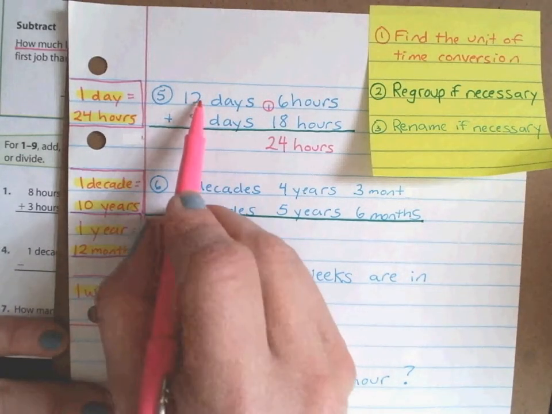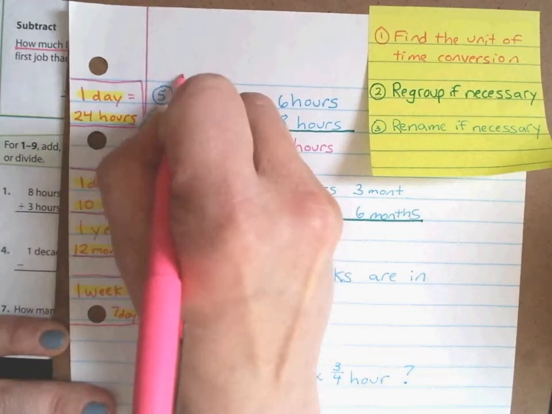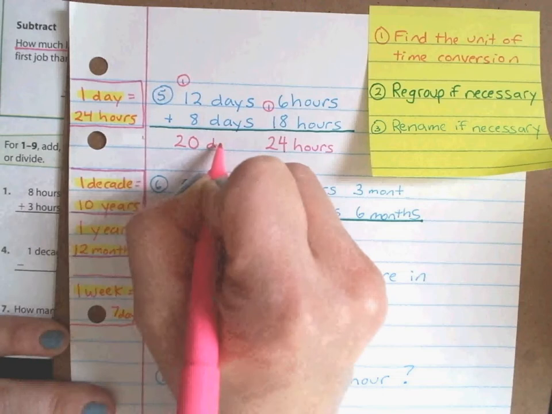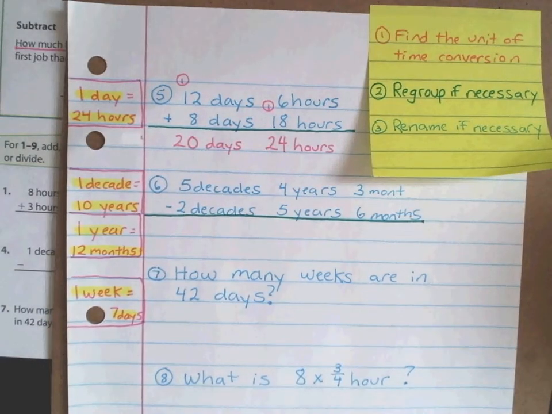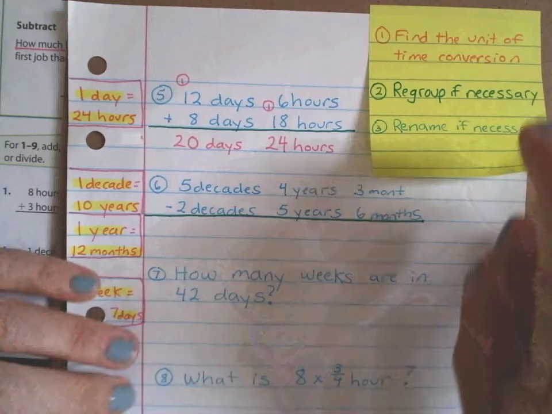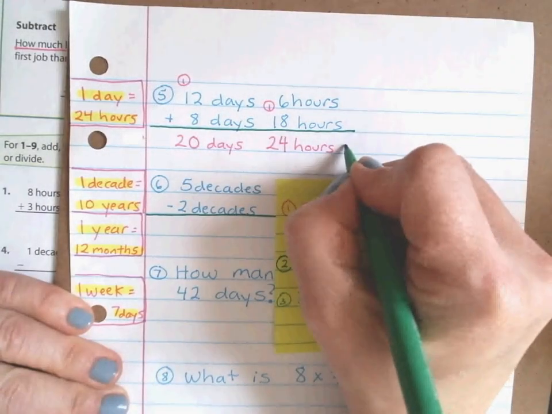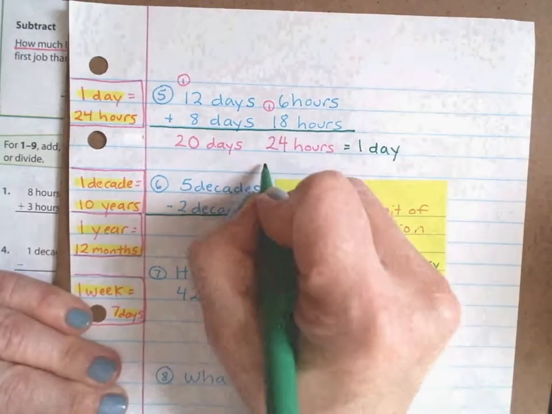And let's go ahead and add our days up. 2 plus 8 is 10, so I drop my 0, regroup my 1, and 1 plus 1 is 2. So I have 20 days and 24 hours. But I know that 24 hours equals 1 day.